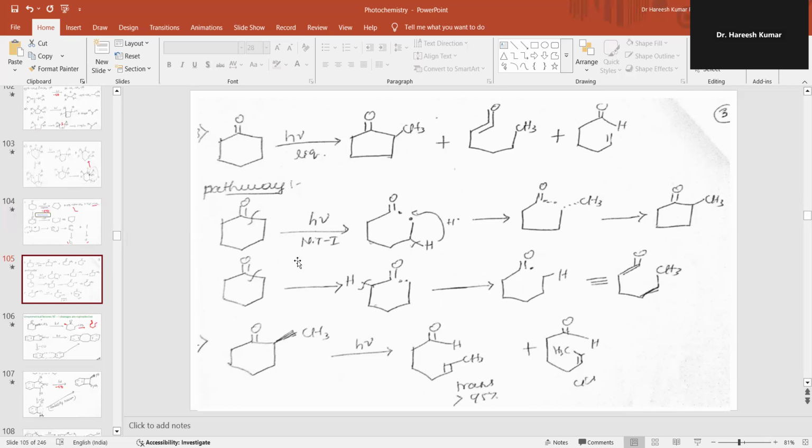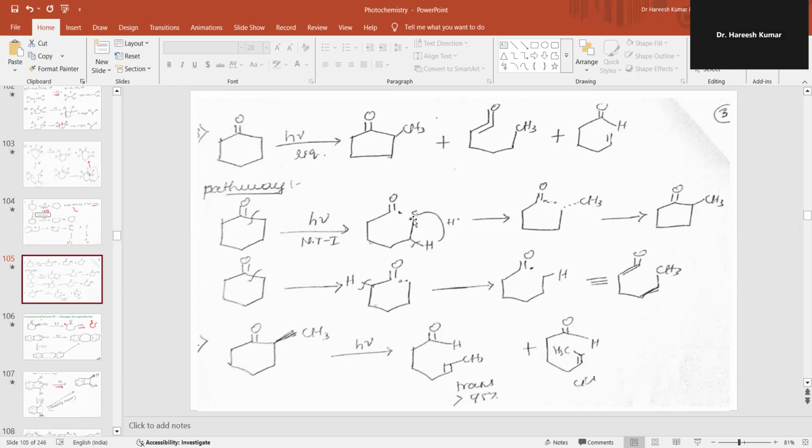Let's look into the mechanism. If it is an alpha cleavage, meaning only one carbon is cleaved under the Norrish type 1 reaction, it is possible to get an alkyl radical and an acyl radical, and then alpha hydrogen abstraction. Then this hydrogen is forming a bond here.